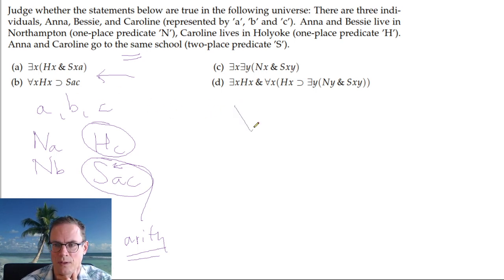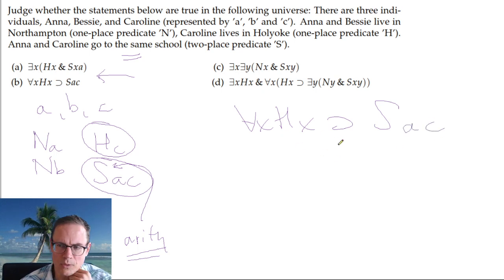Okay, B is a little tricky. B says for all X, HX, horseshoe, SAC. Well, what's the main connective here? It's not the universal, but it's the horseshoe. Well, if it's the horseshoe, we simply have to remind ourselves what is the truth table for the horseshoe.